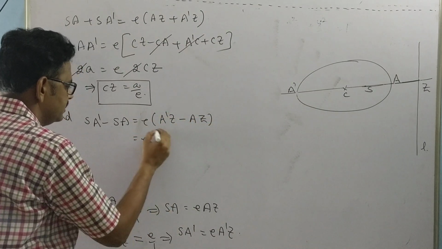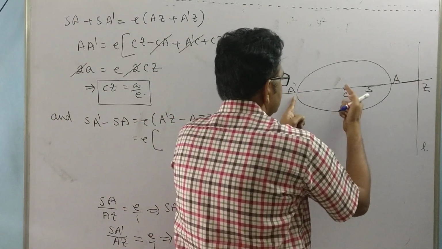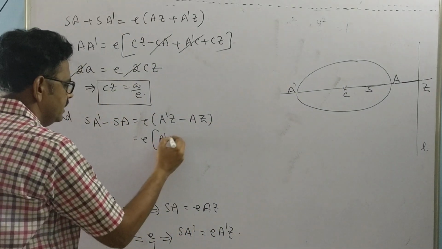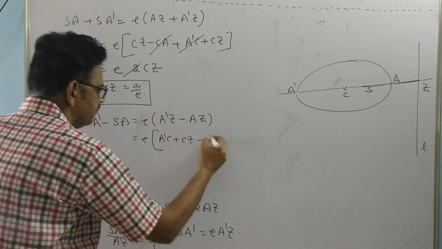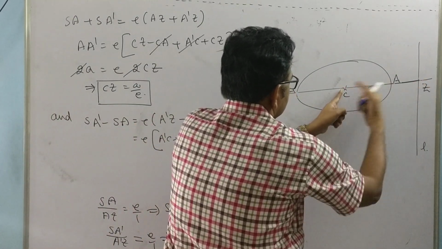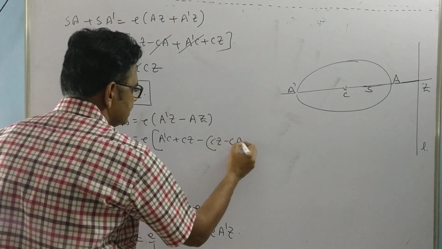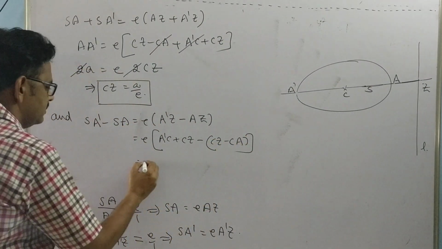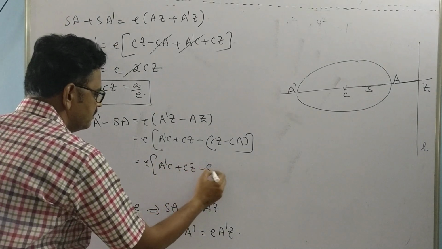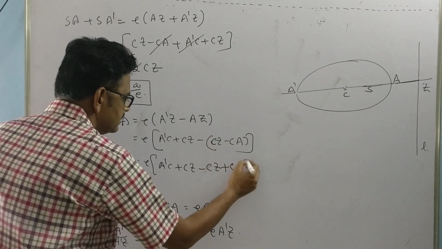That is equal to E into A dash C plus CZ minus AZ, and AZ means CZ minus CA. That is equal to E into A dash C plus CZ minus CZ plus CA.